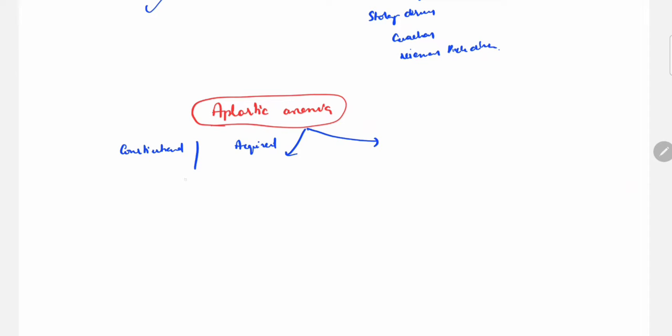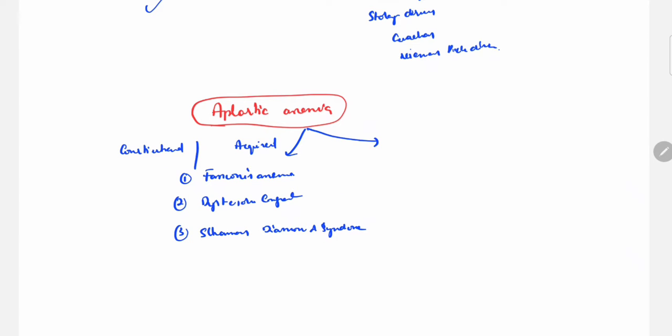The inherited or constitutional causes are Fanconi anemia and dyskeratosis congenita, Shwachman-Diamond syndrome, and familial aplastic anemia.